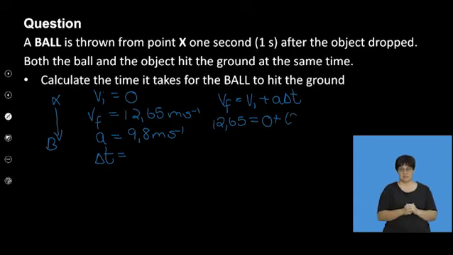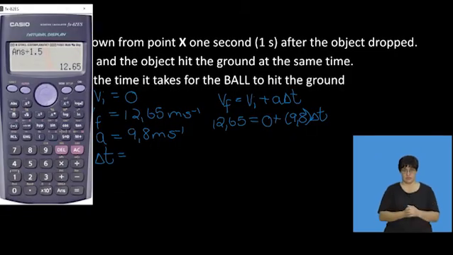Plus 9.8 delta T. So to get delta T on its own, I'm going to have to divide by 9.8 on both sides. So I've already got the 12.65 divided, make sure you have all the numbers, divided by 9.8, not 98. And we get 1.29 seconds.